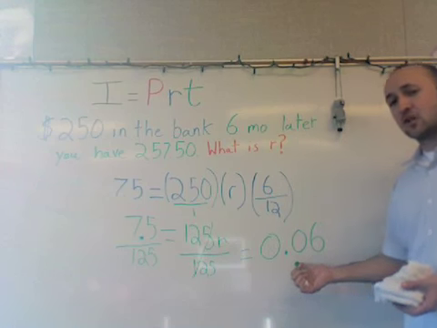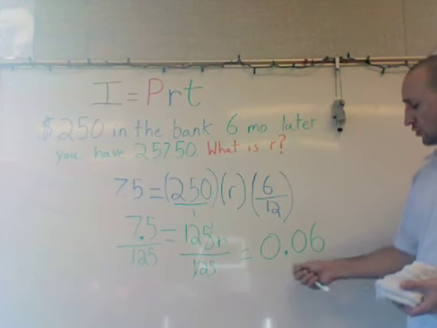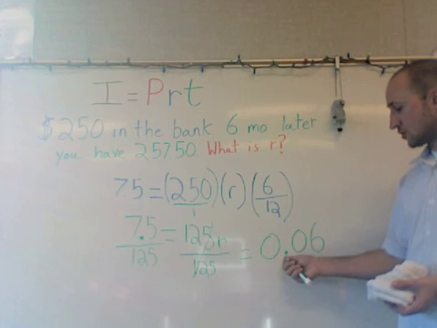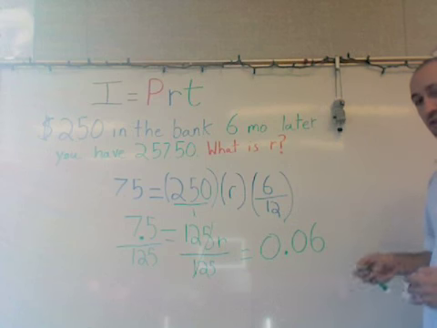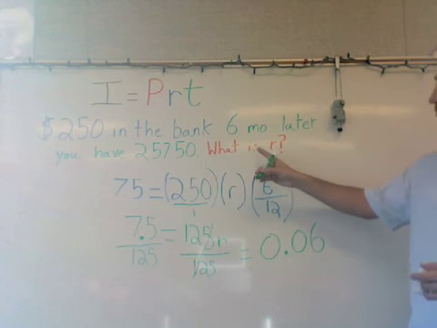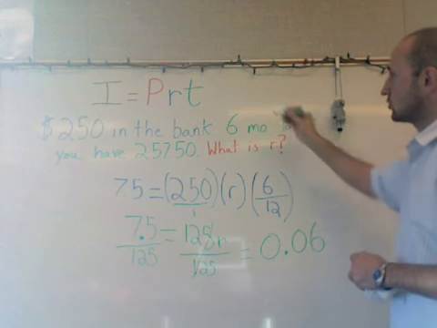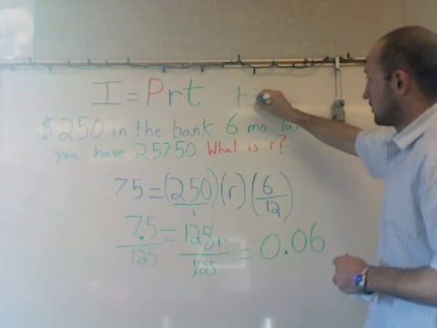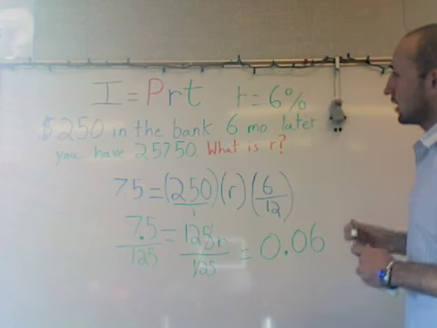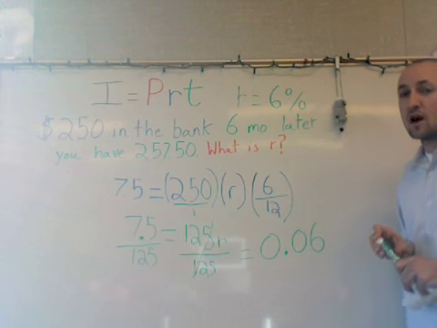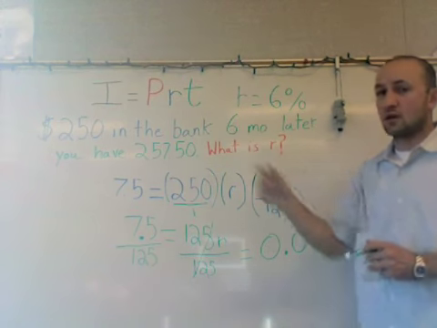So I have to take this decimal and turn it into a percent. And we do that by moving the decimal 2 places to the right. 1, 2. It ends up being in front of the 6. So what that means is our rate is equal to 6%. And that, ladies and gentlemen, is how we find a rate of percent.